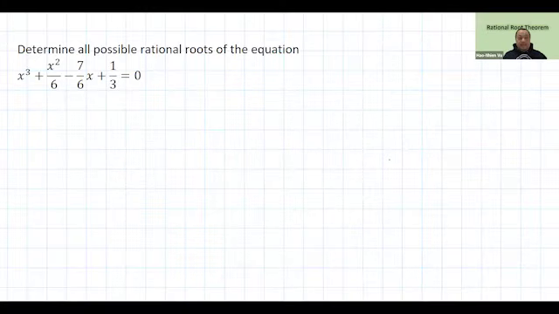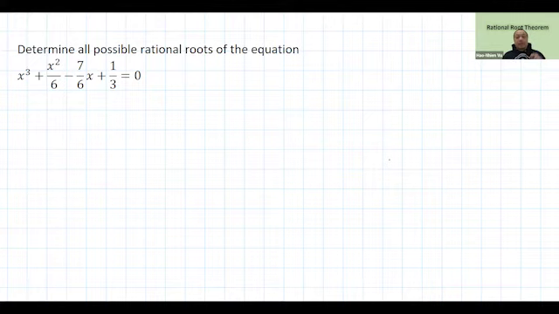All right, last example. Determine all possible rational roots of this equation: x cubed plus x squared over 6 minus 7/6x plus 1/3 equals 0. The problem with this equation is that it does not fit the requirements of the rational root theorem. The rational root theorem requires a polynomial equation, and this is a polynomial, so that's good.